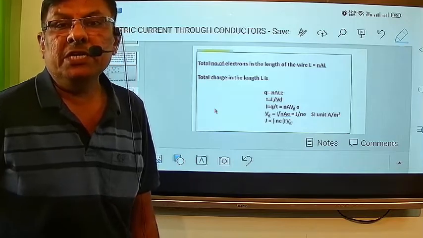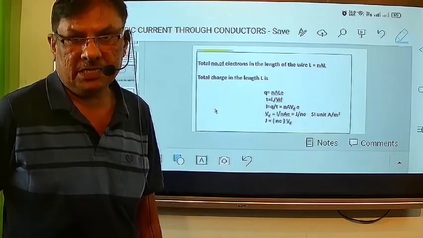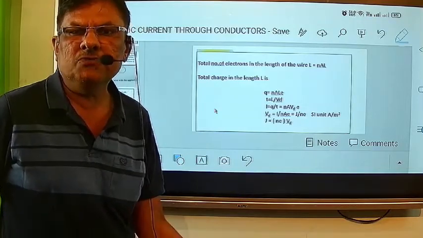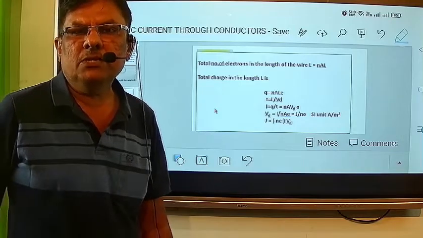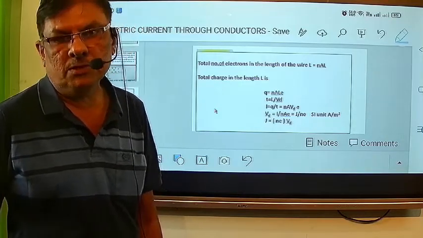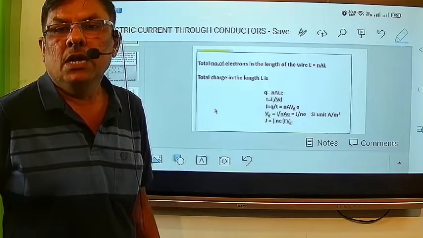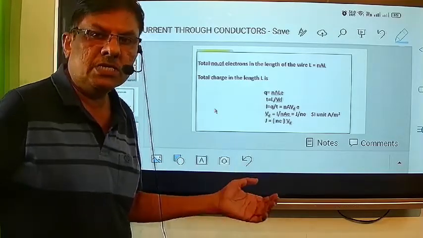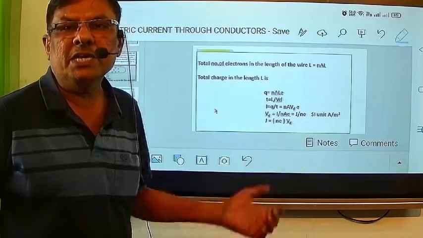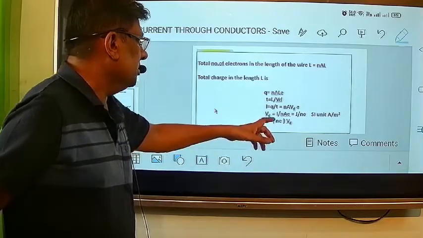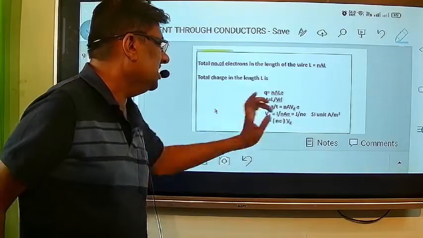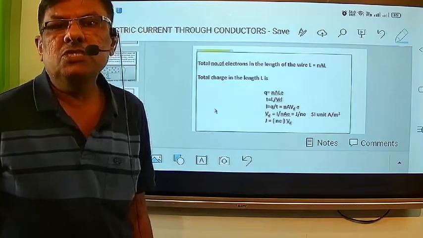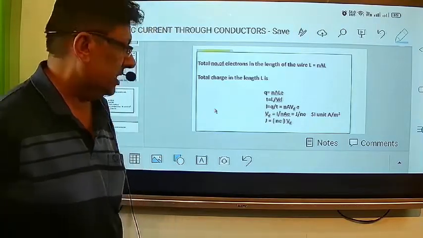Now, current per unit area is called current density. We know the basic density formula, which is mass per unit volume. But in electronics, we call it current per unit area. So we substitute I upon A as J. J is known as the current density.